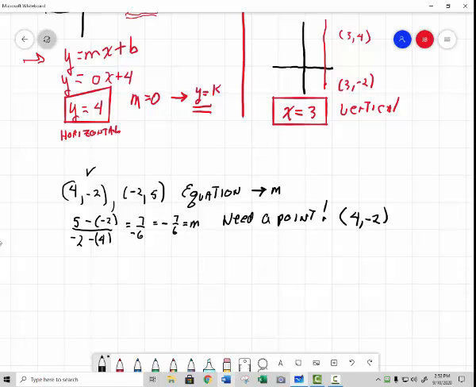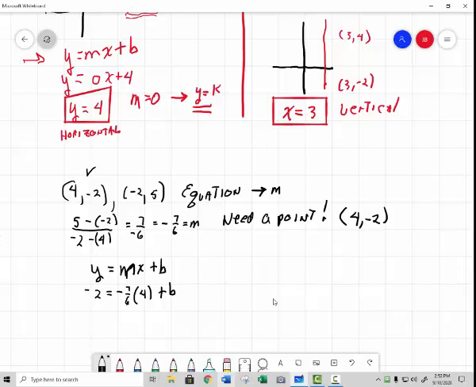If I know that y equals mx plus b, and I know y, that's -2. I know m, which is -7/6. I know x, which happens to be 4. And I don't know b. So I have to solve for b.